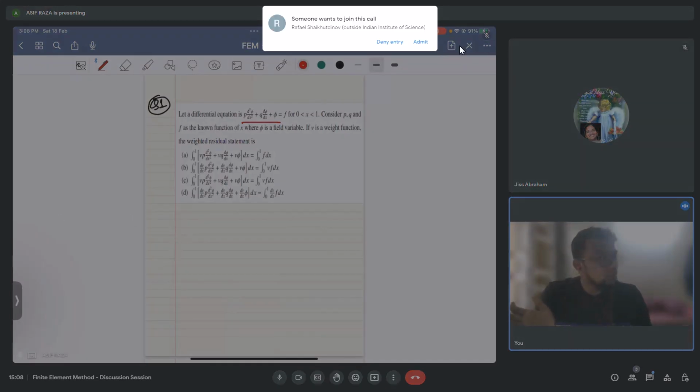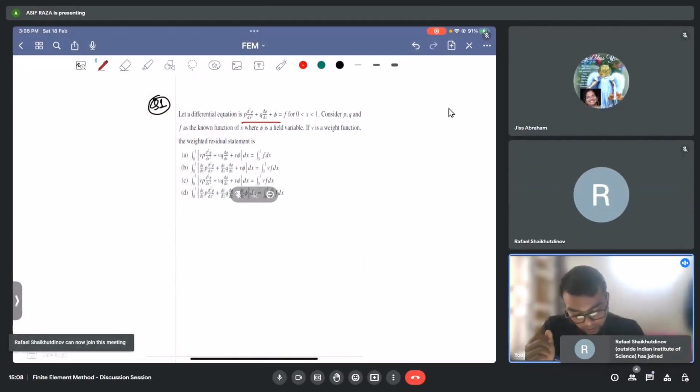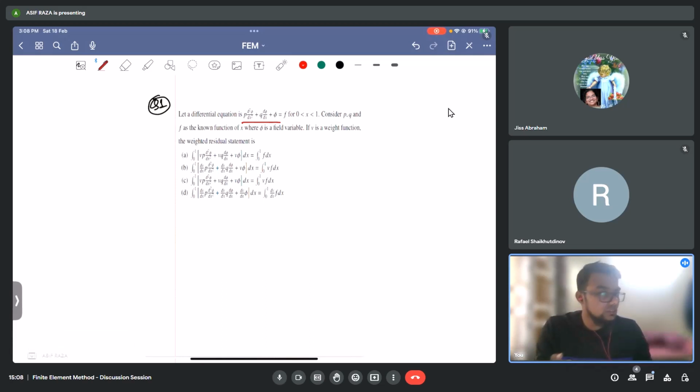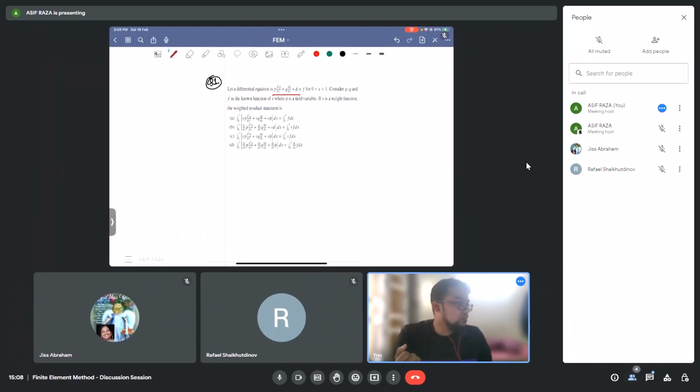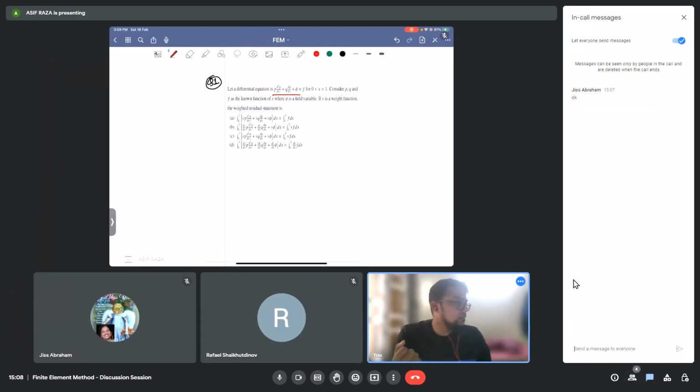Consider p, q and f as known functions of x, where phi is a field variable. If v is a weight function, the weighted residual statement is. What do you think is the correct answer?